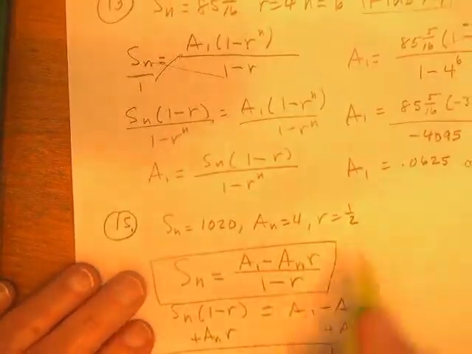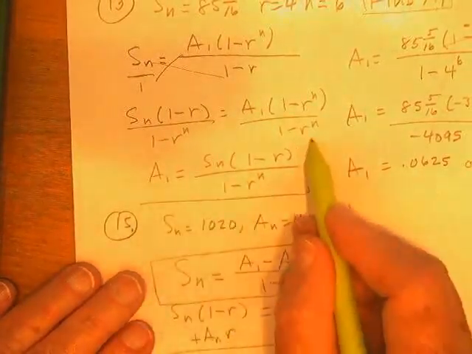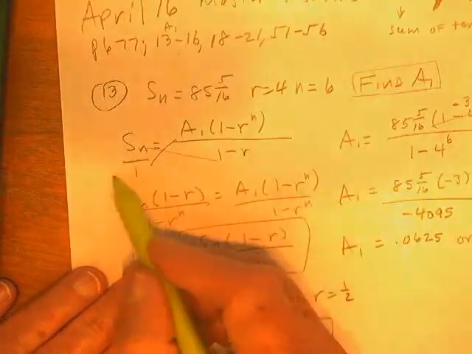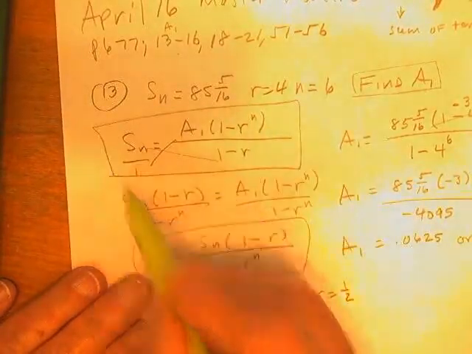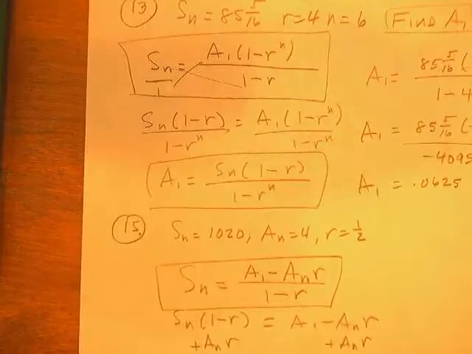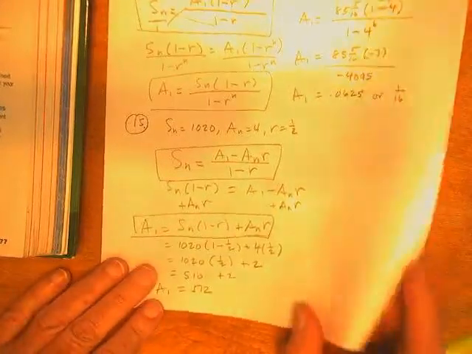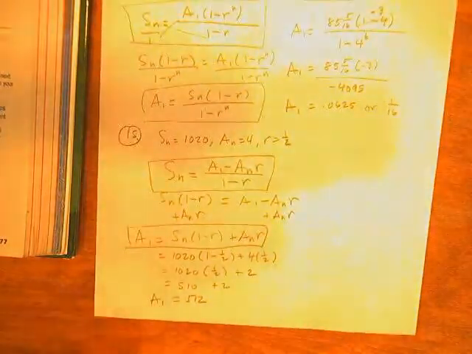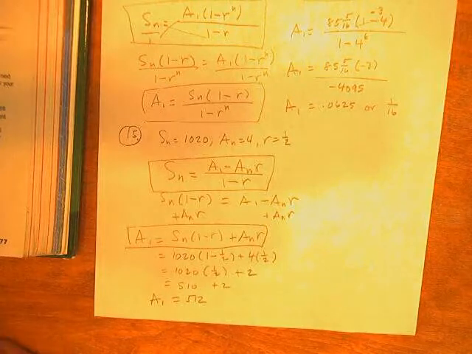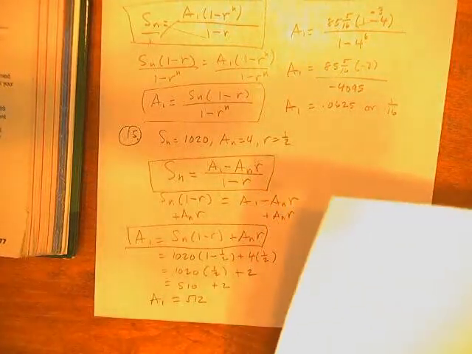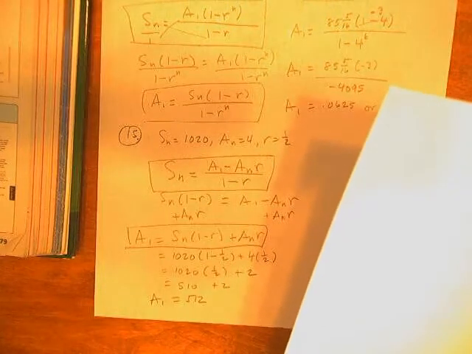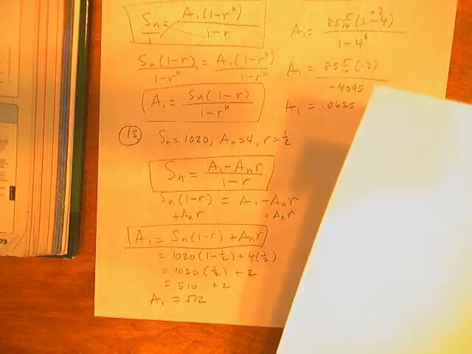Here's two more. There's 4 formulas so far for A1 and Sn. So you'll need those on test day. So I would say go little gadget on that. So you should be okay on 13 and 15. We'll do 14 and 16. We'll give you those in a minute.